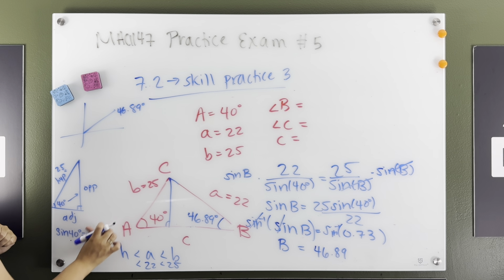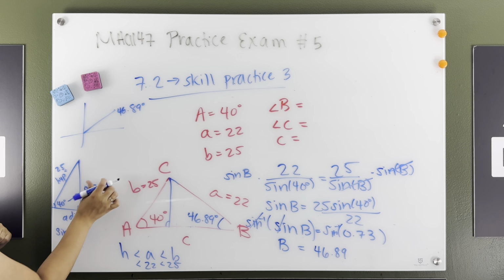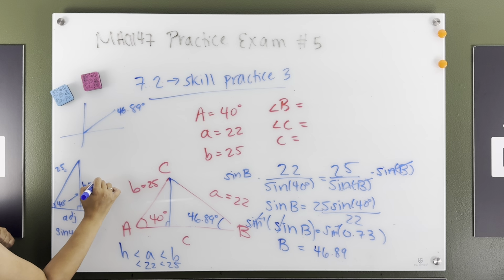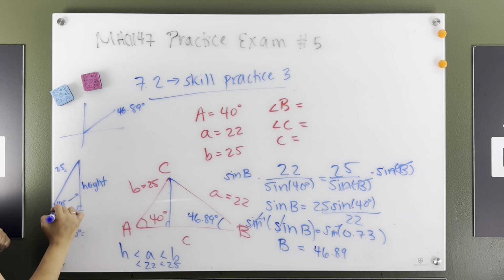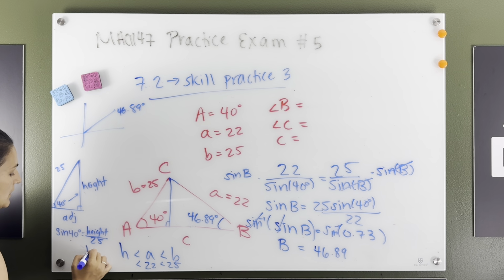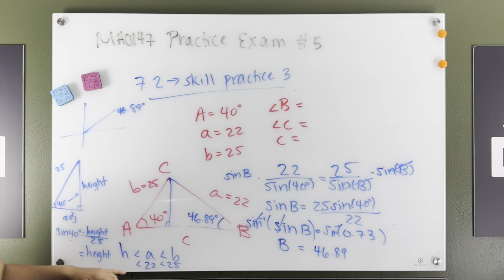Don't get confused, I'm going to call this height of the triangle. So sine of 40 degrees is opposite, which I'm calling height, over the hypotenuse, which is already labeled as 25. So this is how you can find height for any possible triangle to see if it does satisfy the requirements.